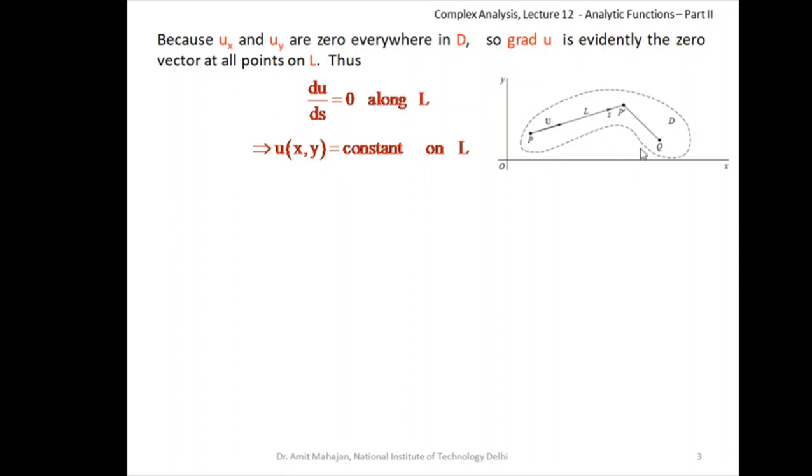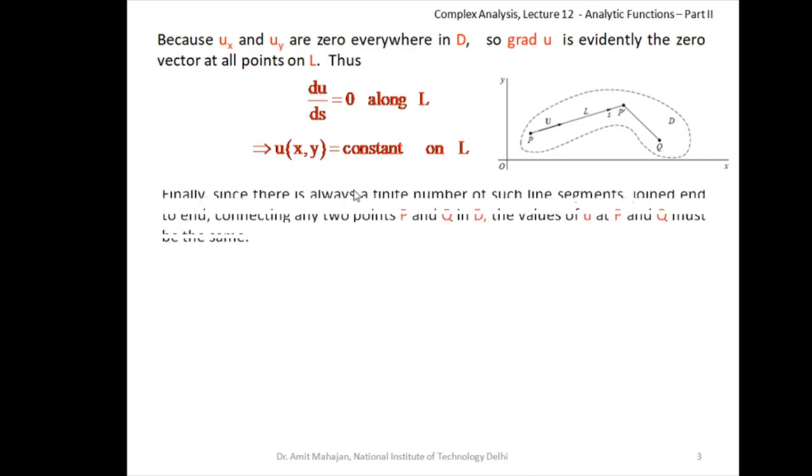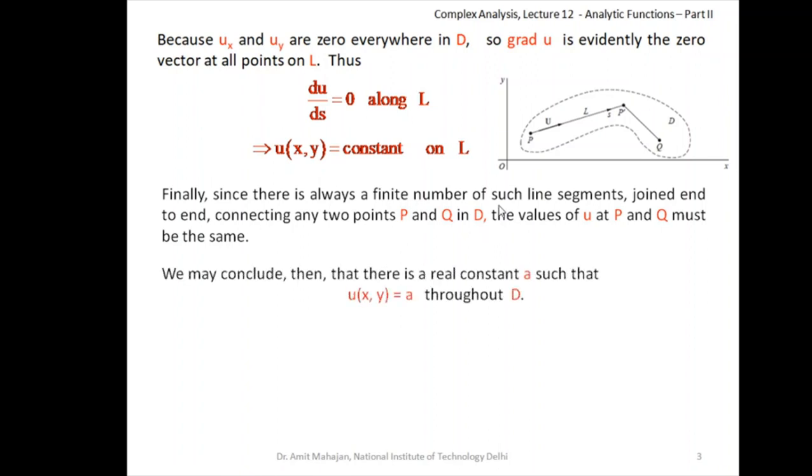So we can join P and Q, keeping the straight lines entirely within the domain, by going from P to P' and then from P' to Q. Since this is possible, it means that u must be constant everywhere on the whole domain.